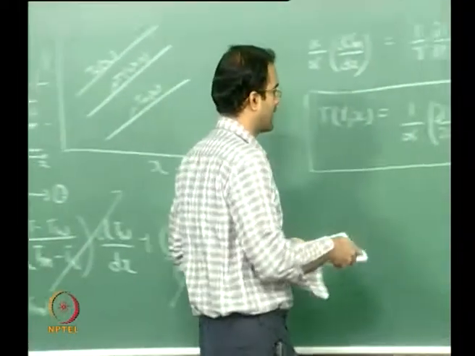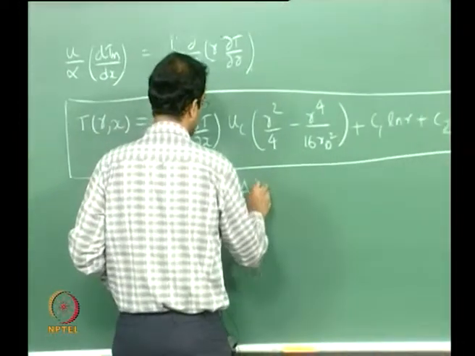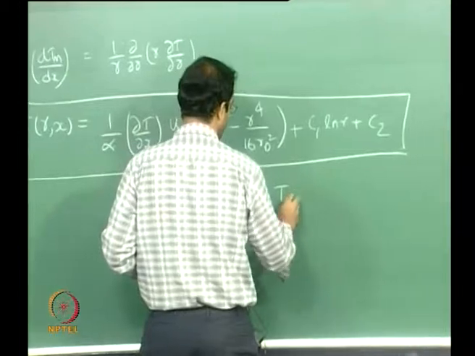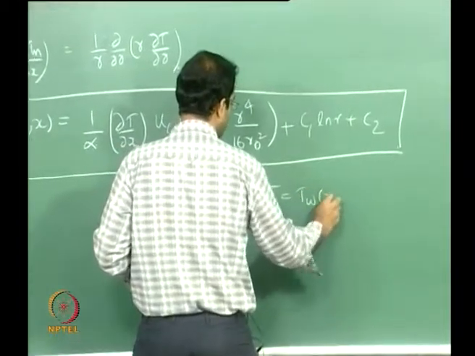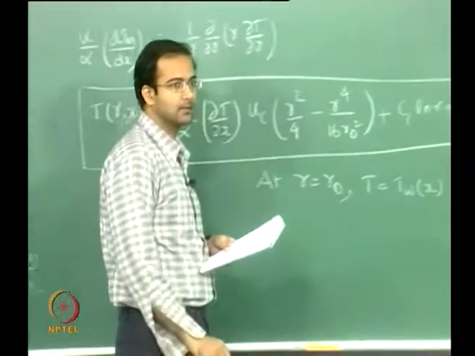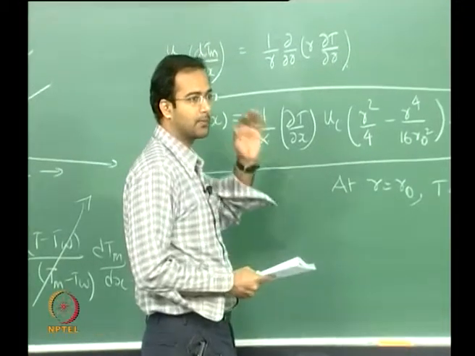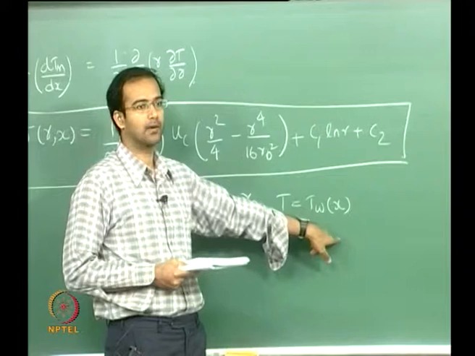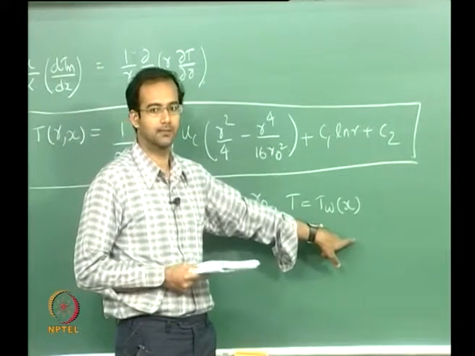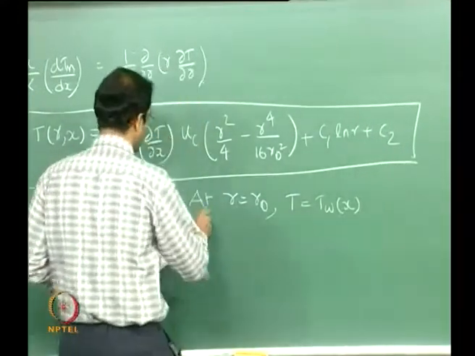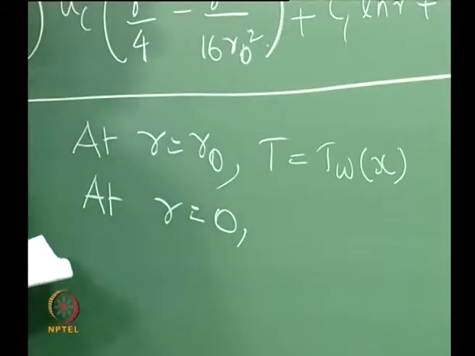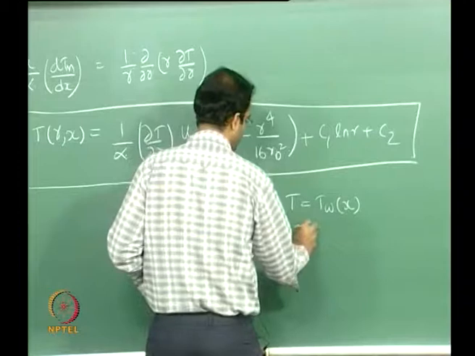At r equal to r naught, let us say the temperature is equal to some T wall, of course, which is a function of x. If you want to apply at a particular axial location, so that there is a particular wall temperature, that is a boundary condition, and at r equal to 0 the temperature has to be finite.